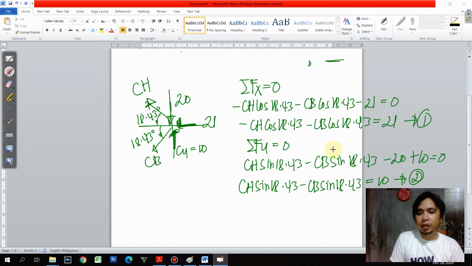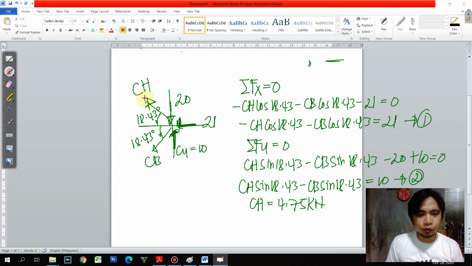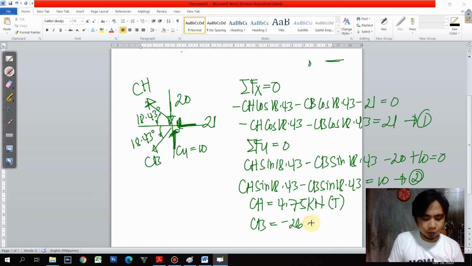Then we will be having two equations with two unknowns here. So we obtained a CH of 4.75 kilonewton positive. So meaning we have assumed it correctly. So if this is assumed correctly, this is tension. Okay. And for the other one, we have CB equal to negative 26.88 kilonewton.